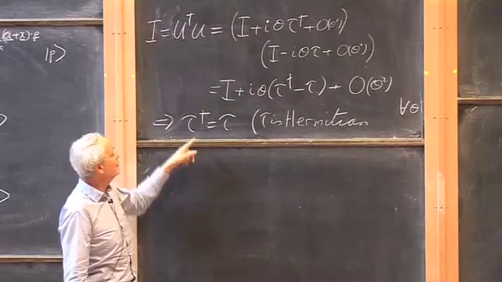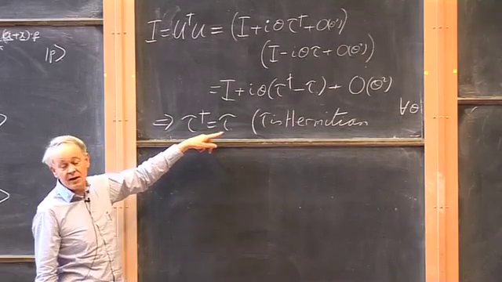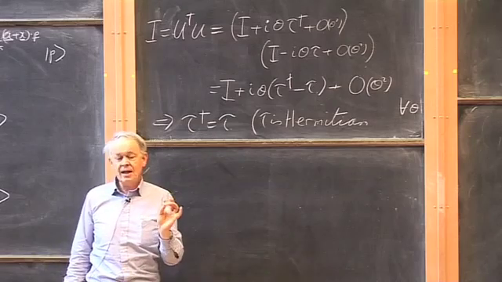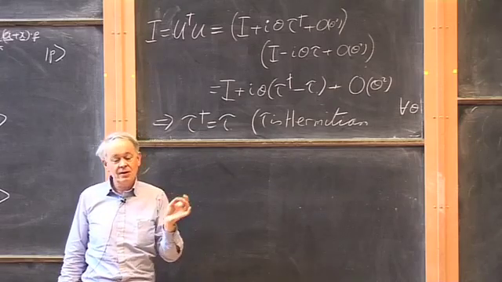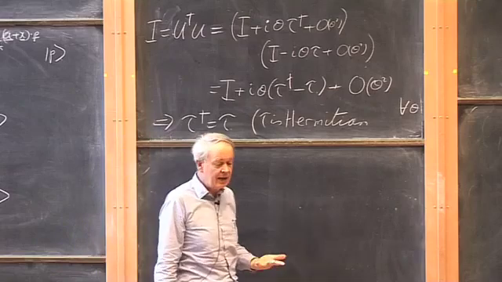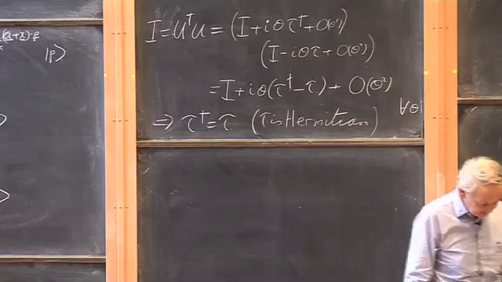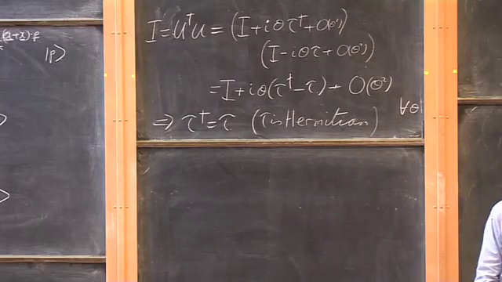So there's a suspicion, and it will always turn out to be the case, that this tau will be associated with an observable. This is how observables become associated with operators in both classical mechanics and quantum mechanics, or I should have said in quantum mechanics and in classical mechanics. It turns out that it's true in any mechanics.